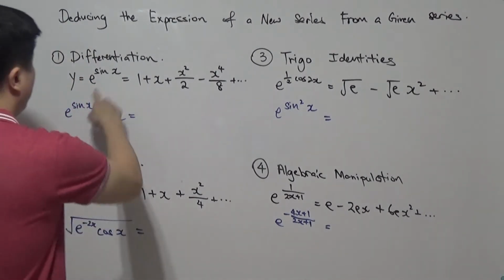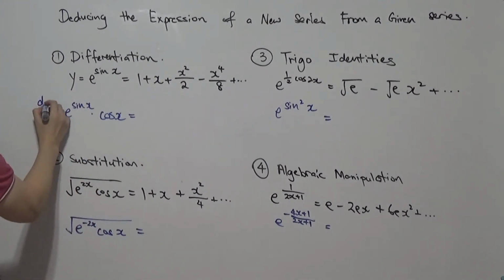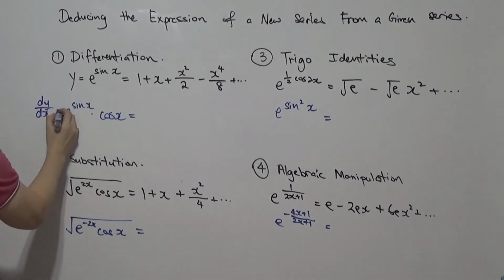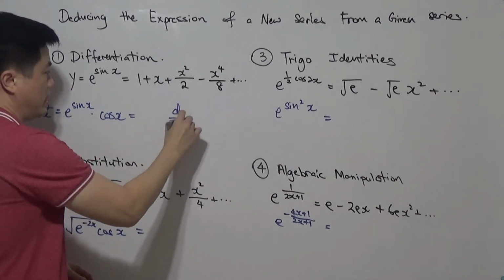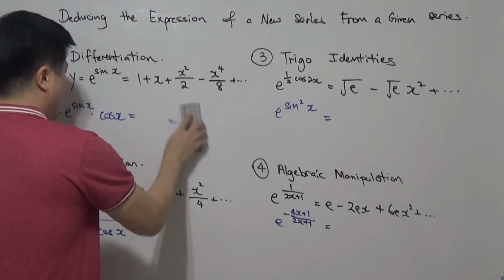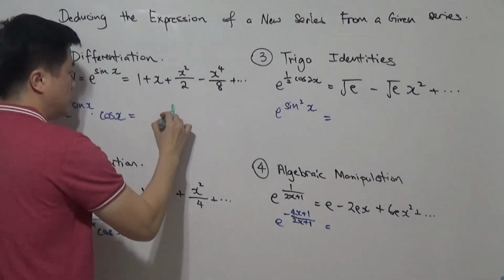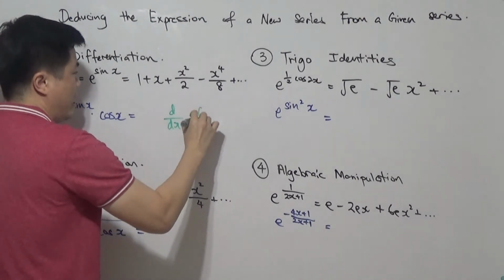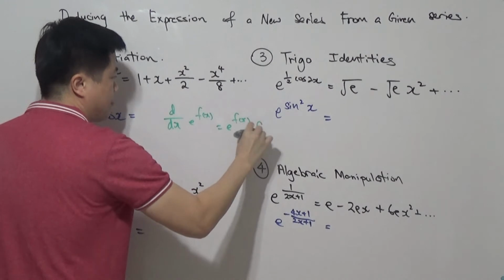Because when you look at e sine x, if you were to differentiate this, if you were to find dy dx, it is actually going to be equal to this. Let's do a quick recap here. d dx of e to the f(x) is equal to e to the f(x) times f prime x.